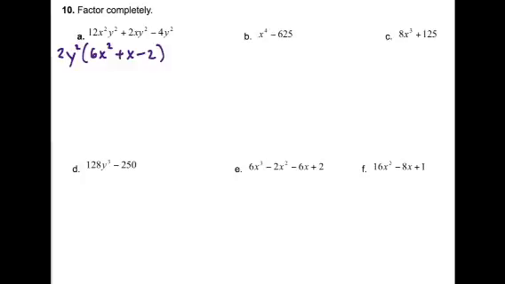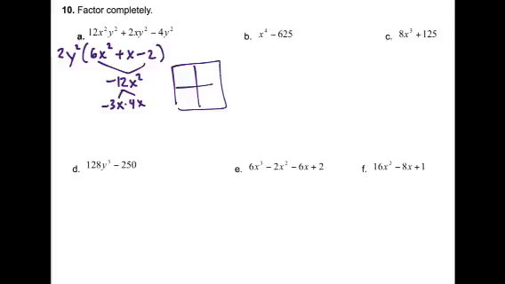So now you check here, is this factorable? So negative 12x squared. Factors of negative 12 that add up to positive 1 are negative 3x and positive 4x. So I'm going to use the little box. 6x squared, negative 3x, 4x, negative 2.